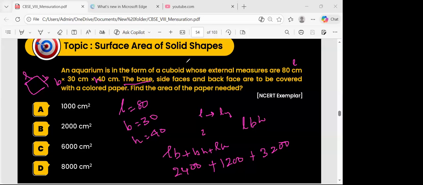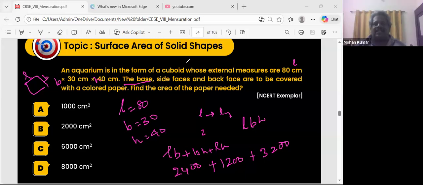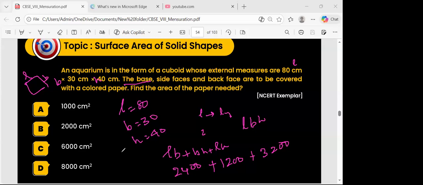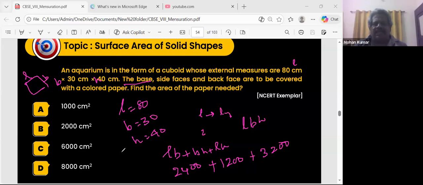Then the others, one more side is there. Side faces. One side face is to be done. So they said how many faces? The base, side face, and back face are to be covered with color paper. So 2400 plus 1200 plus 3200. Is it right?